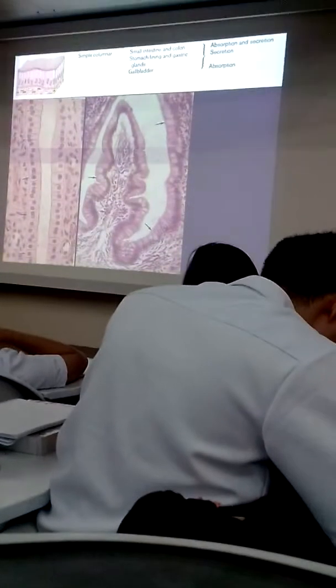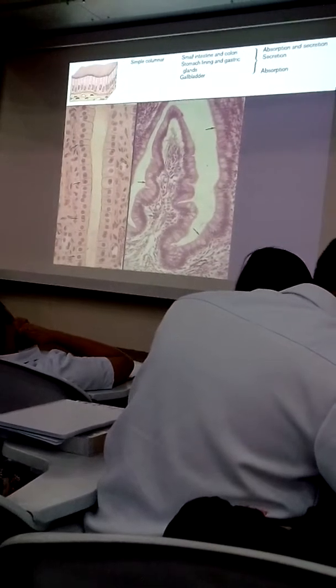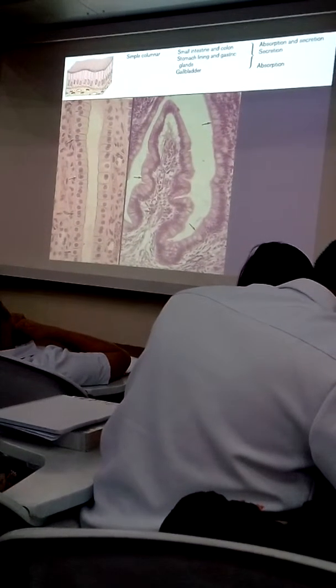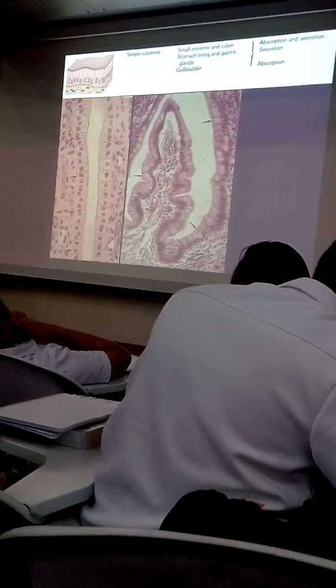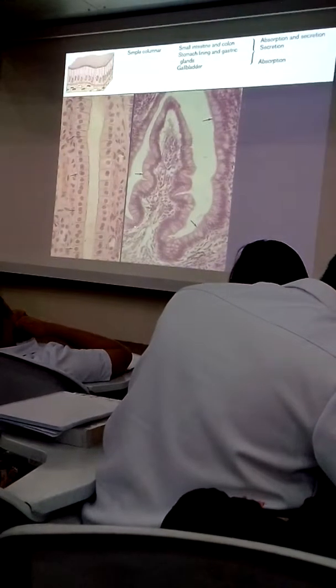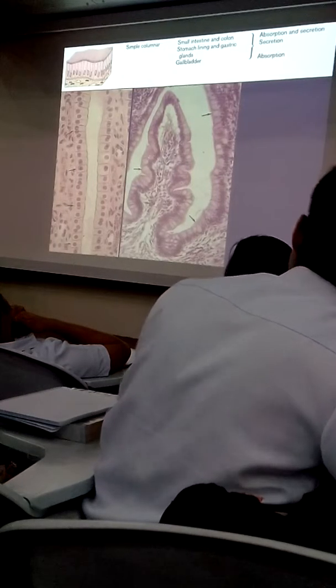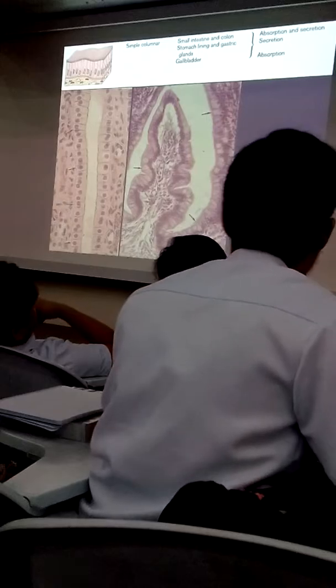This is another example. This is the ileum with goblet cells. You can see here, these are the goblet cells, the ones pointed out by the arrow. They too are simple columnar, as most of the nuclei are basally oriented, and the cells are longer in length than in width.